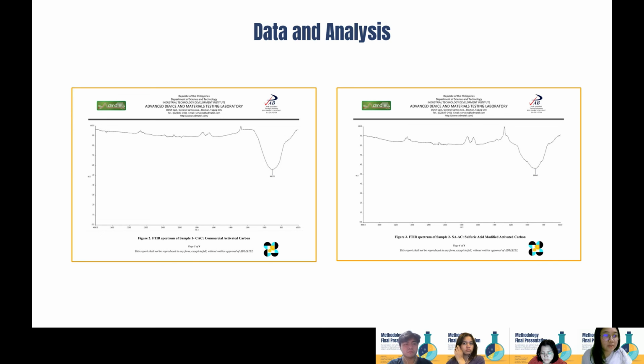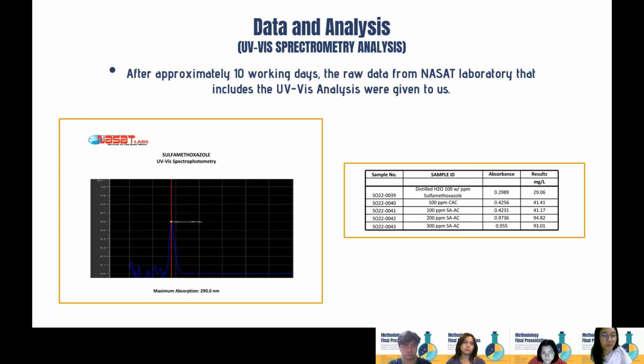For the UV spectrometry analysis, next slide please. We received the raw data after approximately 10 working days upon submitting the samples. And again, the data was sent to us via email. Here we have the graph that shows the maximum absorption of the 100 ppm sulfamethoxazole simulated solution.